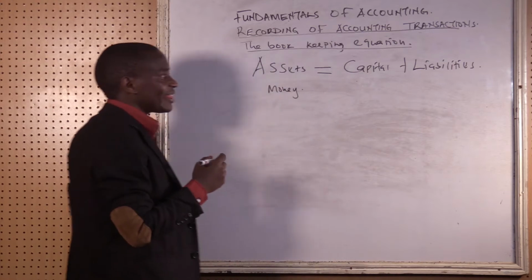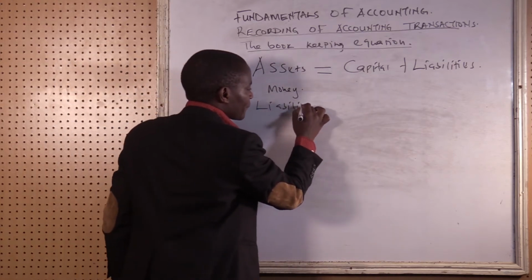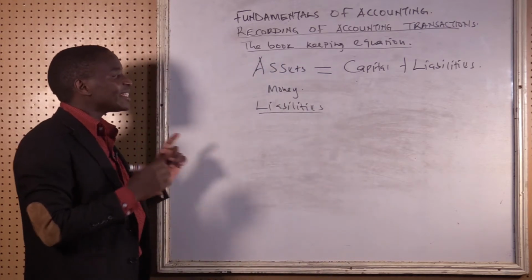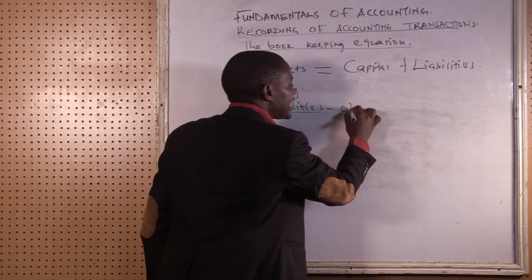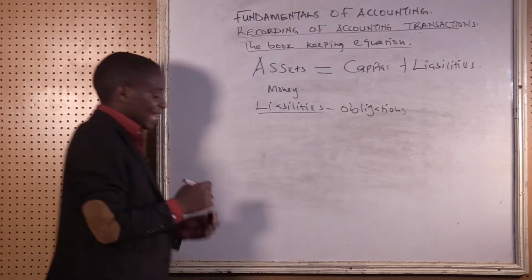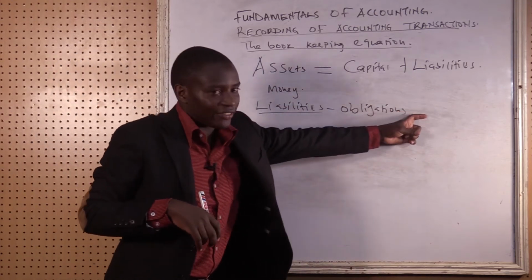Let's go to the third component, that is liabilities. Liabilities are business obligations as a result of a past economic activity.